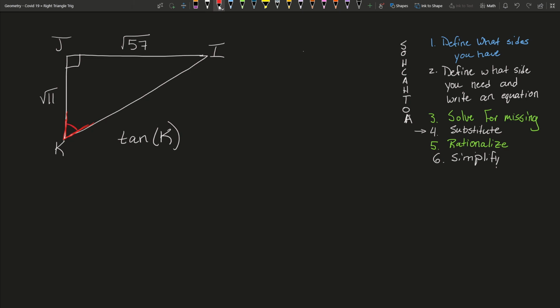All right, so step one is to just define what sides we have. If we draw a line from k to the opposite side of the triangle, we get our opposite side. If we draw a line from our right angle to the opposite side of the triangle, we get our hypotenuse. And then the only side left, that's our adjacent side.